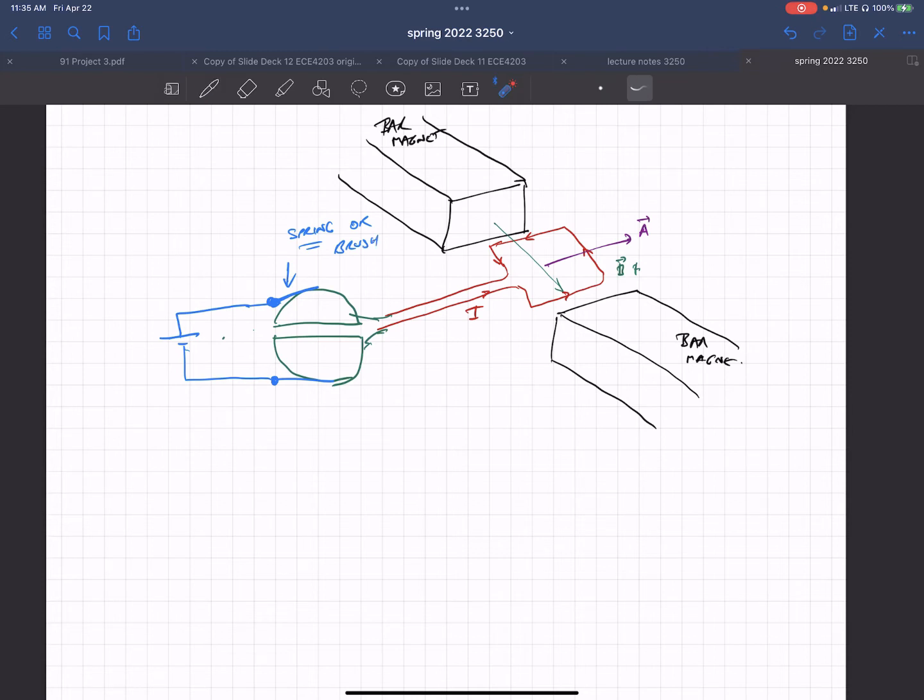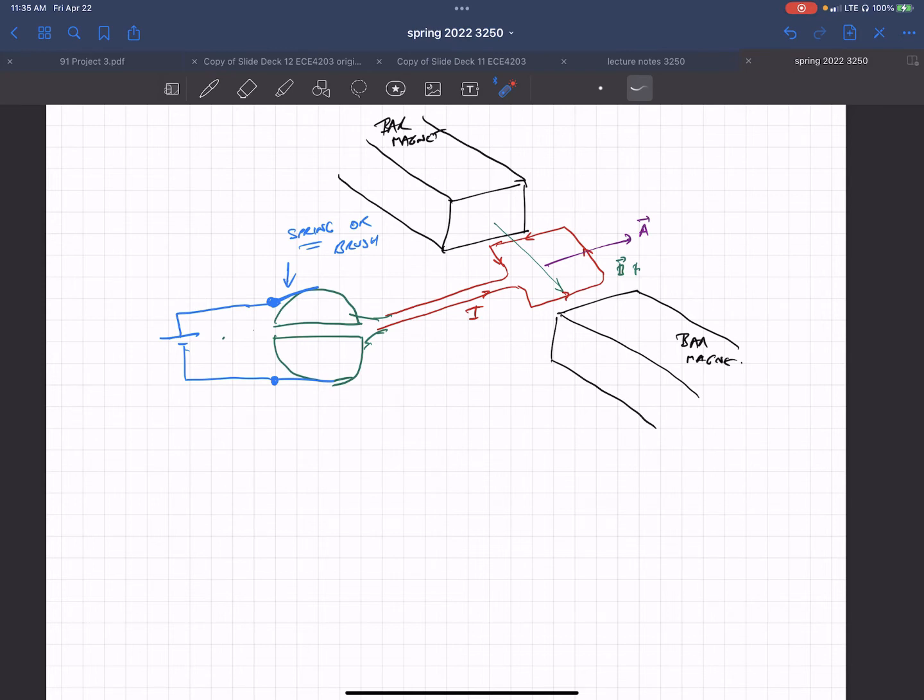So this piece would also rotate along with your loop. As it rotates through a full turn, at some point this brush is going to start touching this side, and this brush is going to touch that side, basically flipping the loop.